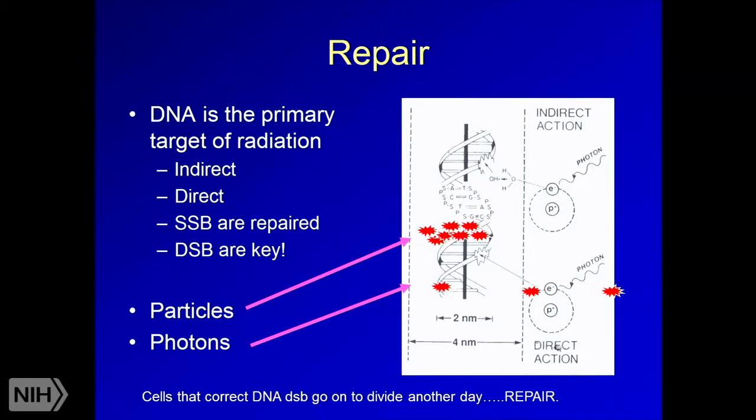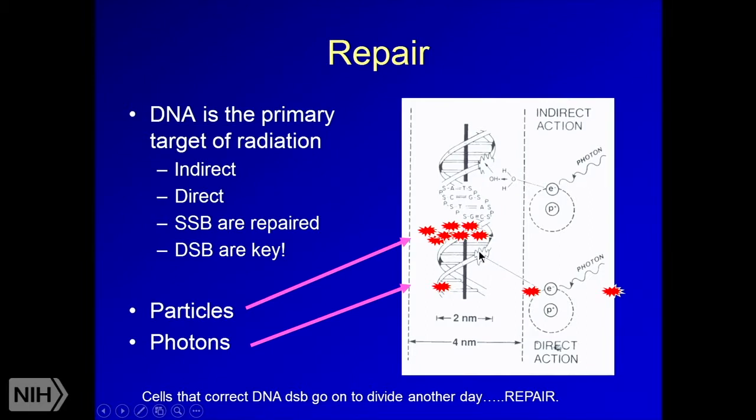When we look at repair, DNA is the primary target of radiation, and there can actually really be a couple different ways that the radiation effect can happen at the cell level. So there's an indirect effect where basically a photon or gamma ray comes in and it kicks an electron off, causes a free radical, and then that free radical can go in and damage DNA that's sitting right next to it. And then there's also a direct effect of radiation where a particle can actually come in and directly damage the DNA.